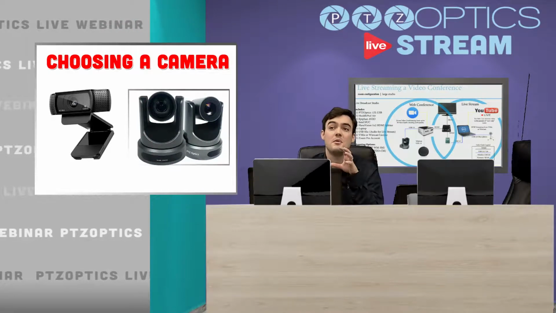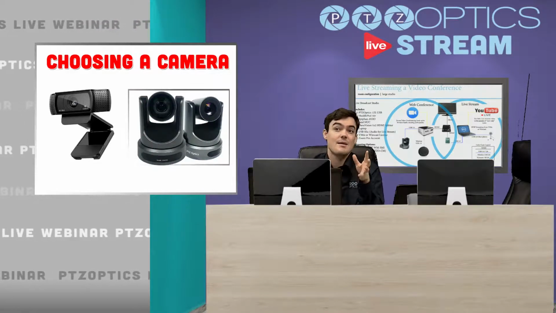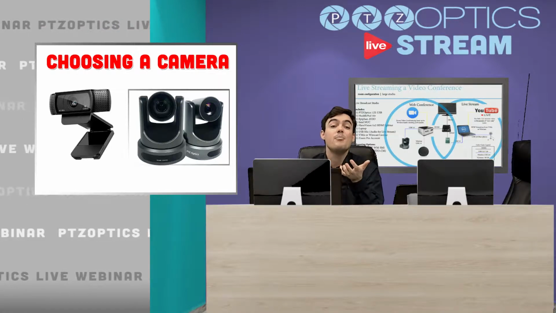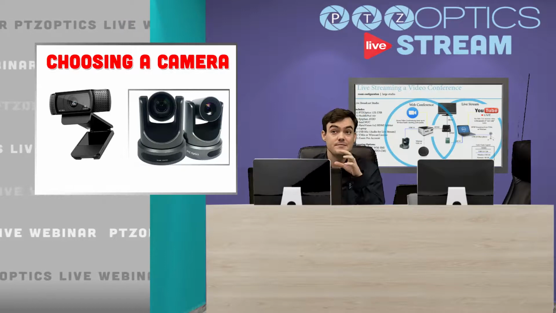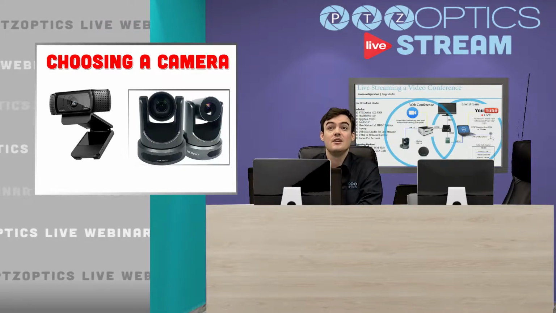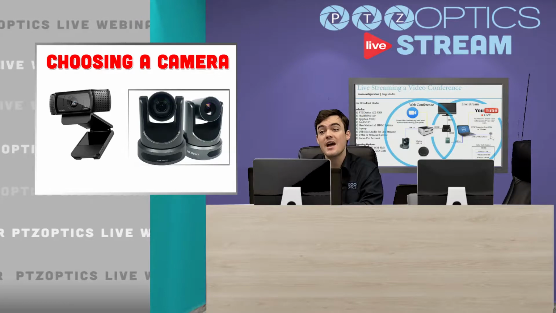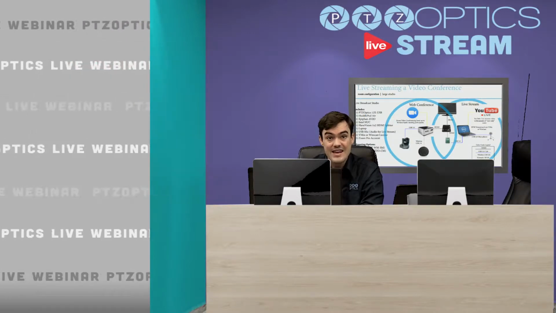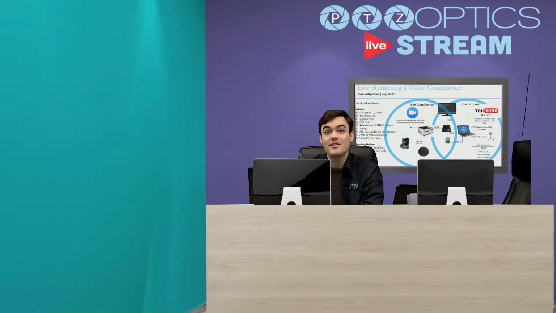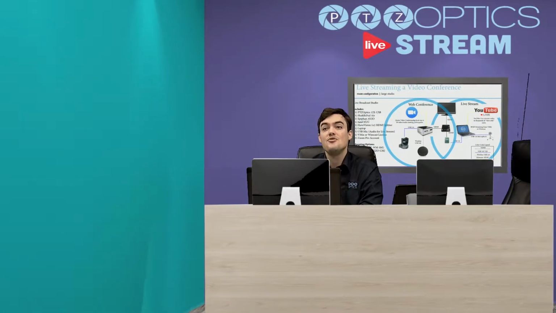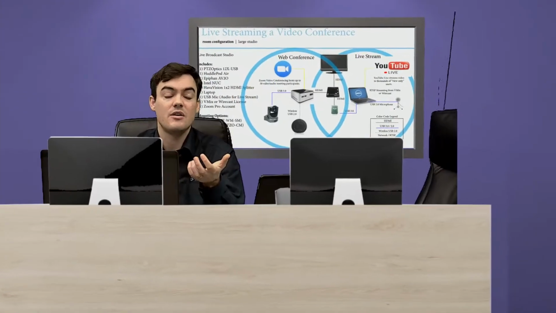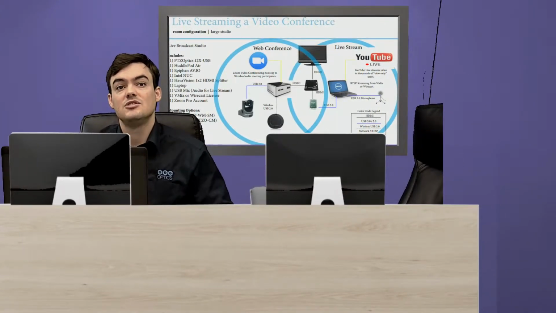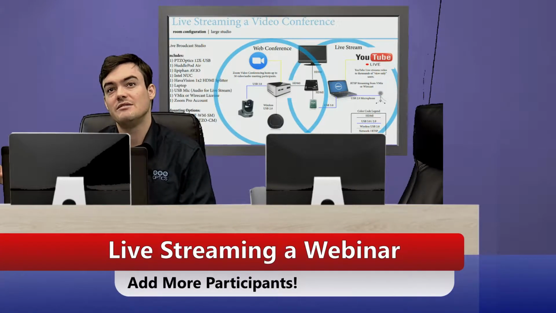Like I said, with the camera, you may not need a camera for your web conference because you can actually take the entire output of your system and feed it directly into your webinar. So there's a lot of different ways to do this. But the point of this video is to show you that you can, and it's not very expensive to do, and you can dramatically increase your reach with your audience to reach so many more people than just your live streaming webinar.